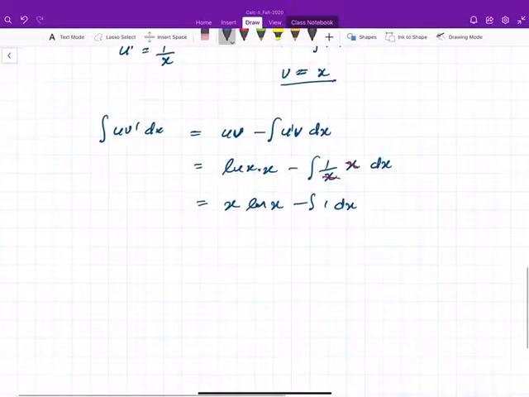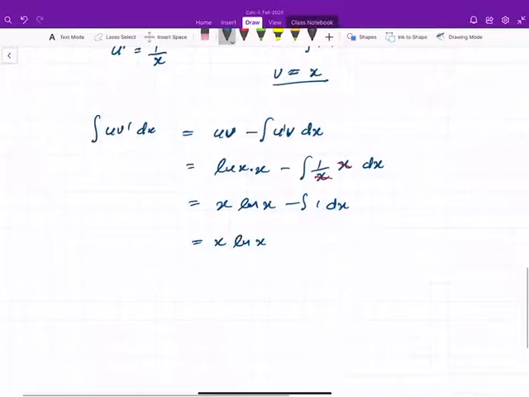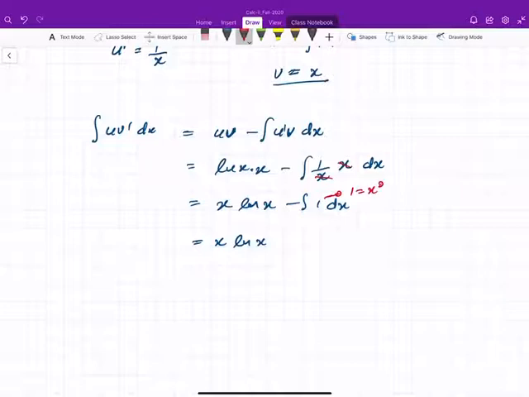Alright, so then this is x ln x, and the integration of 1 is actually the power rule. You have to use the power rule. 1 is something like x to the power 0.